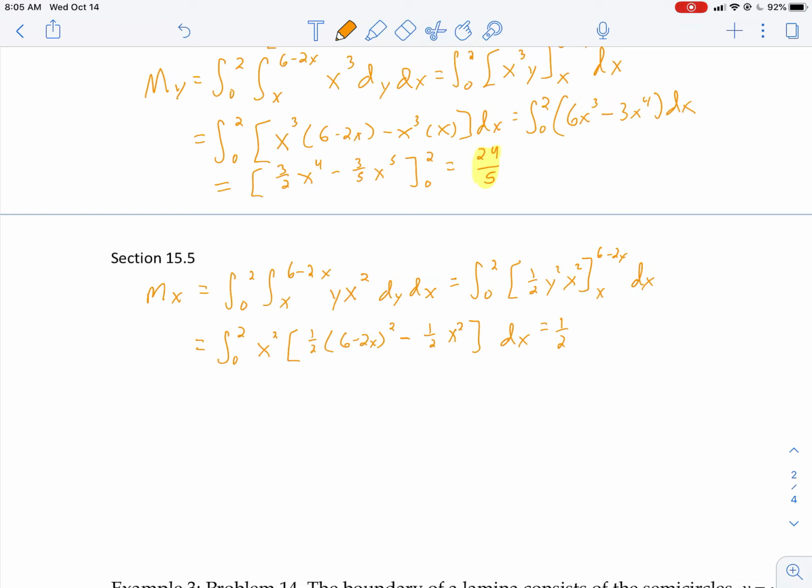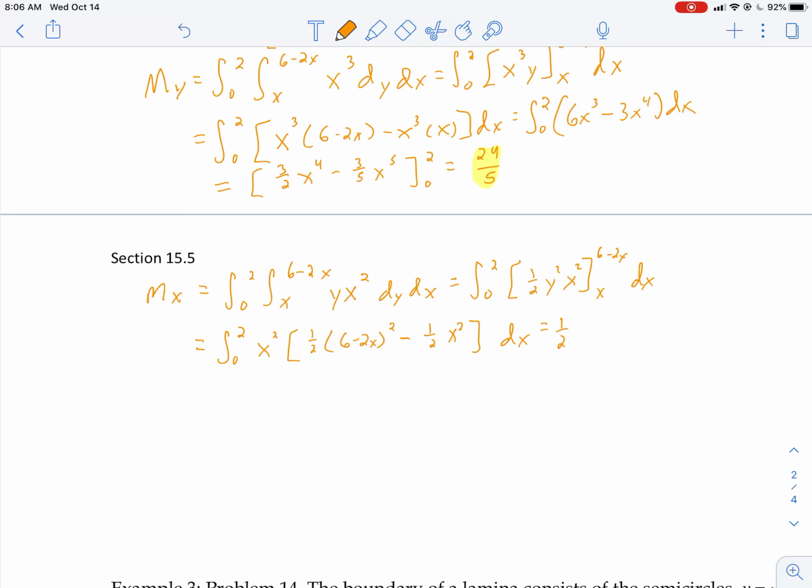We multiply: 1/2 times 36 minus 24x minus 4x squared minus x squared, so minus 5x squared.